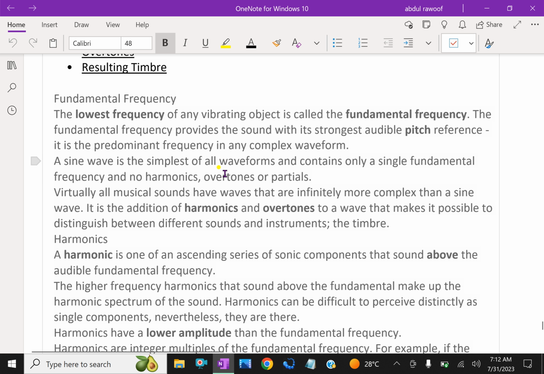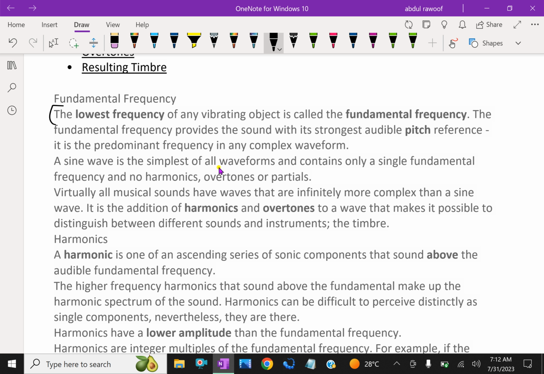What is fundamental frequency? The lowest frequency of any vibrating object is called the fundamental frequency. The fundamental frequency provides the sound with its strongest audible pitch reference. It is the predominant frequency in any complex waveform. A sine wave is the simplest of all waveforms and contains only a single fundamental frequency and no harmonics, overtones, or partials.